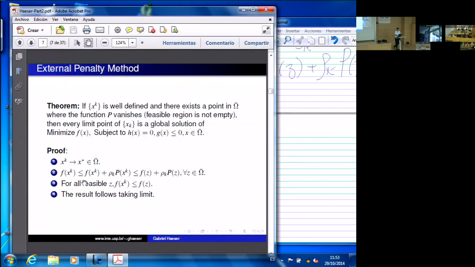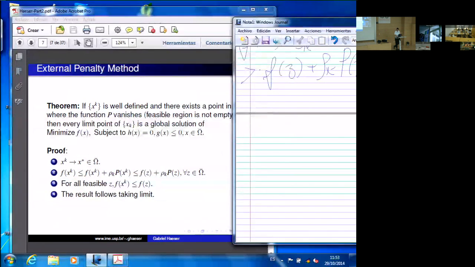So we have this inequality, f of xk is less than or equal to f of z for every feasible z. Okay, so if I take a limit now, xk is converging to x star, which is feasible, I have already proved this, so we show that f of x star is less than or equal to f of z for every feasible z, and x star is a feasible point.